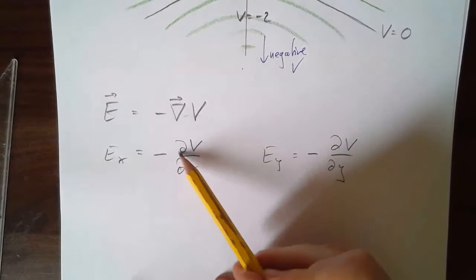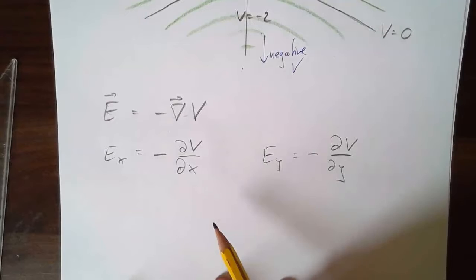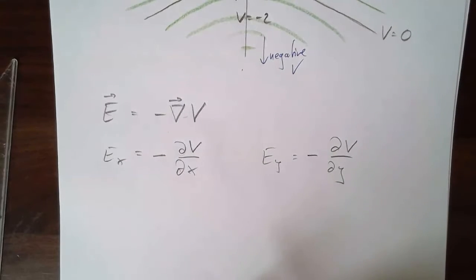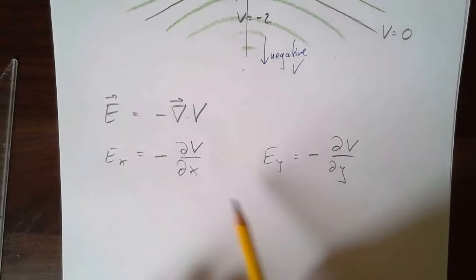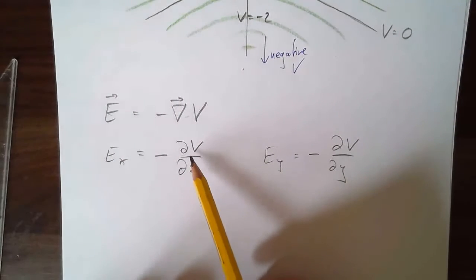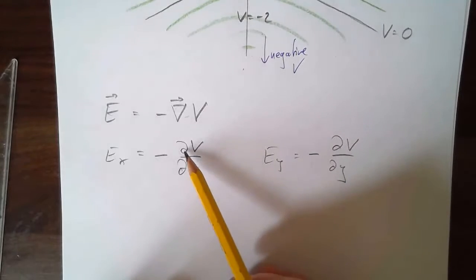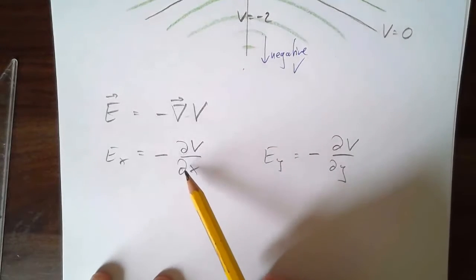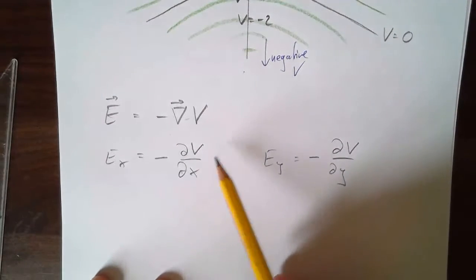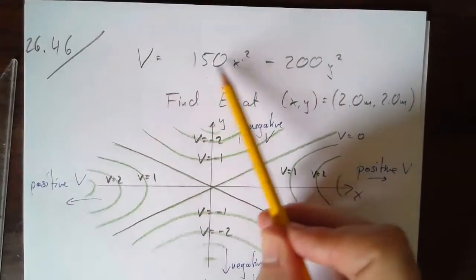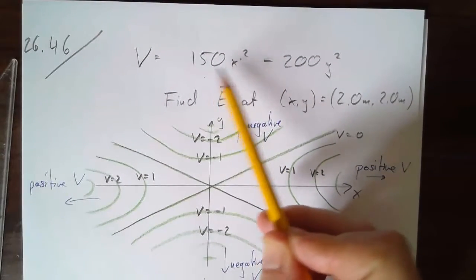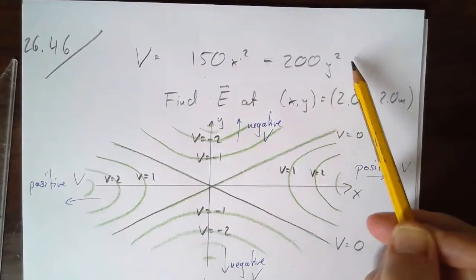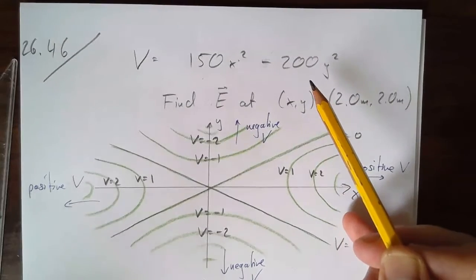Now I made my d's curly, they're partial derivatives, but if you haven't met partial derivatives yet, it doesn't matter, because you do exactly what you think you should be doing here when you take a derivative. If you take a derivative of V with respect to x, you just do that according to the rules that you know. You just ignore the y. That's all there is to it.